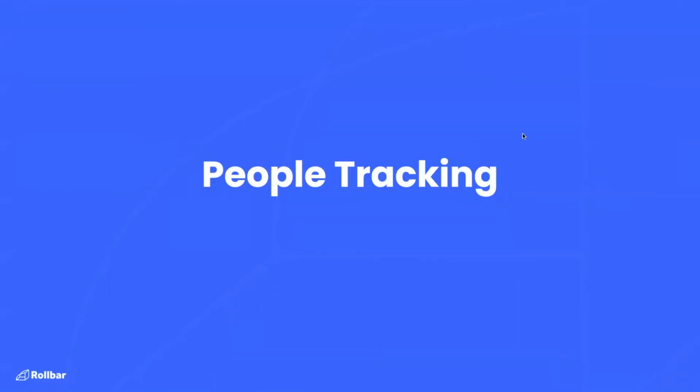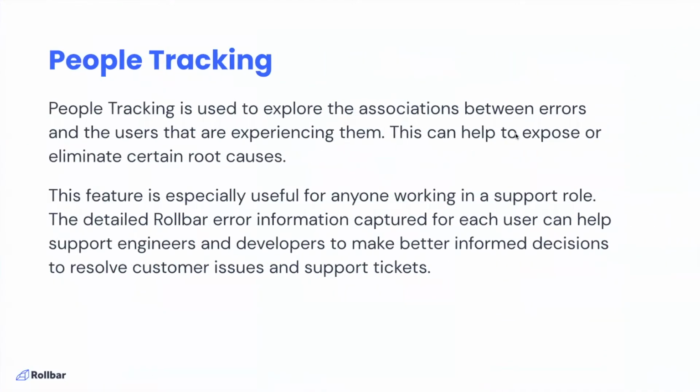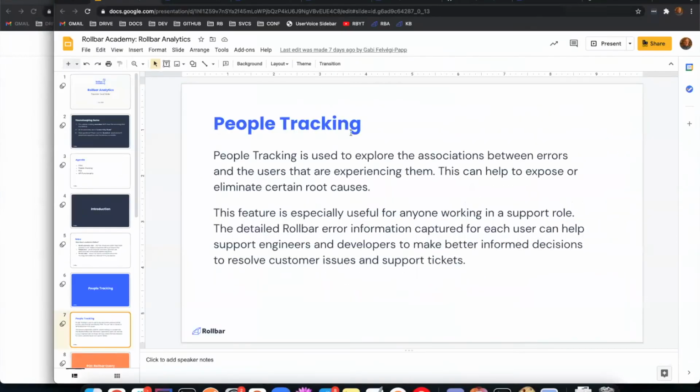Let's just go ahead and start with people tracking. This is one of a few features that we do not have in our standard configuration. When you go to install Rollbar, your first project or any project after that, the instructions that are built in don't include this. We're having a little bit of a debate about that now as to how best to add that.